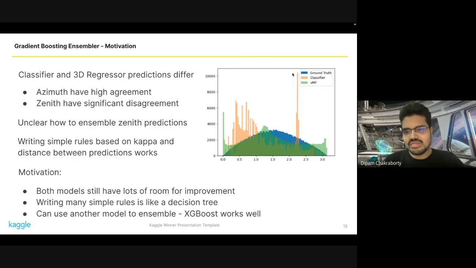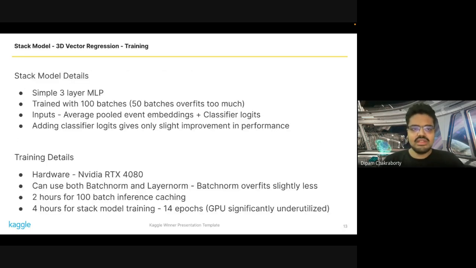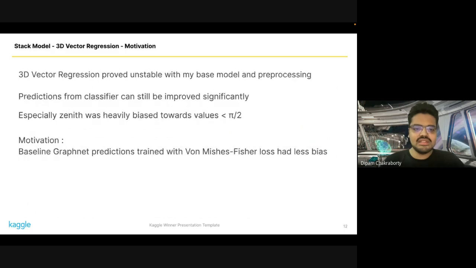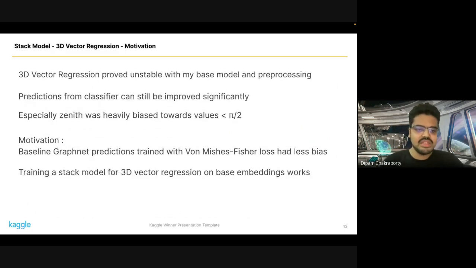There is this one spike which I did not find a good answer for why it's predicting for that particular angle. But it was crucial that I did some other model that's able to get a better, more correct estimate of the zenith.